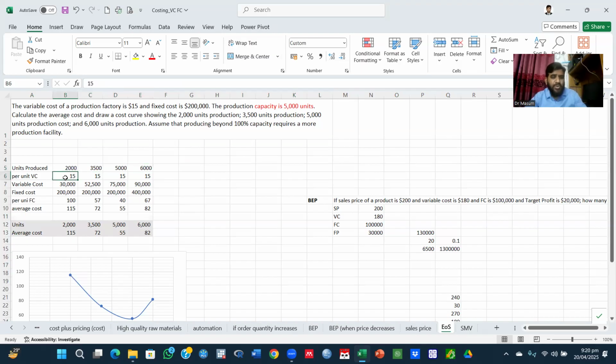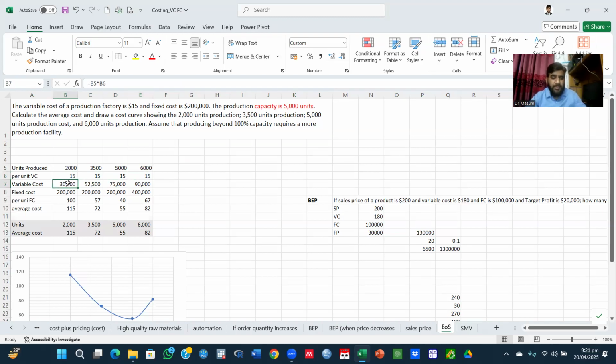Your per unit variable cost is the same because to produce a shirt, when you are producing 2,000 units, your fabric cost per unit will be 15. Even if you are producing 6,000 units, your per unit fabric cost will be the same.